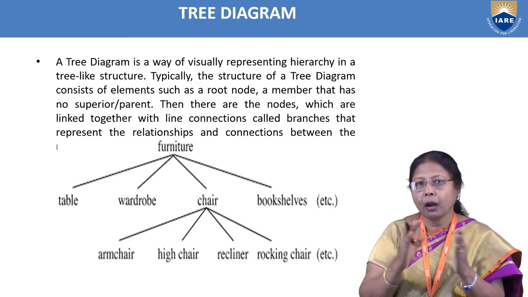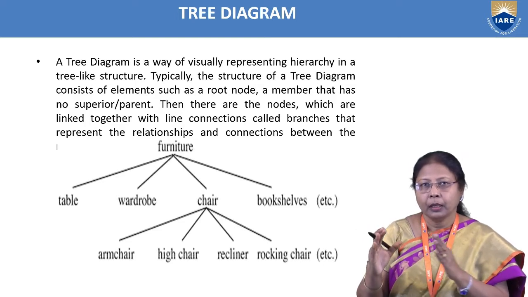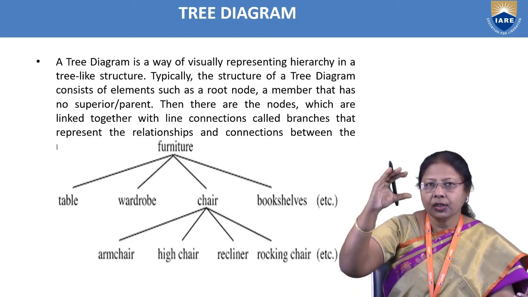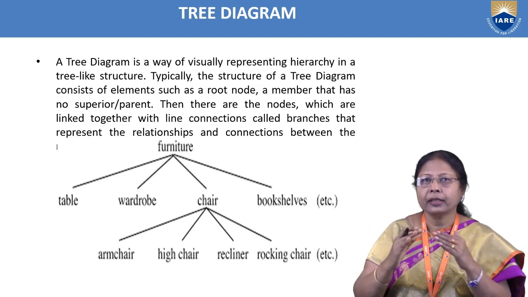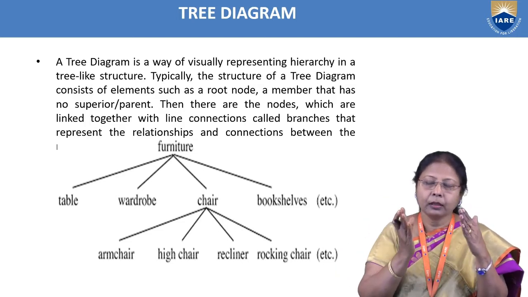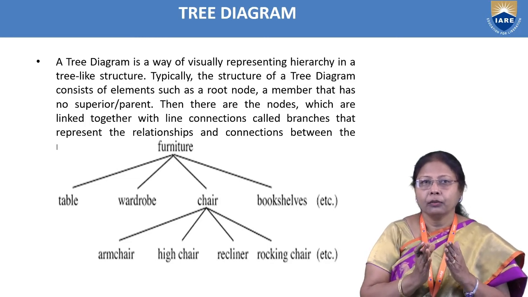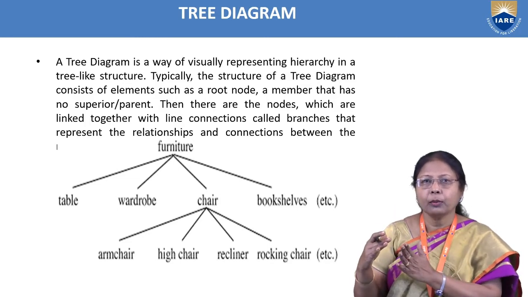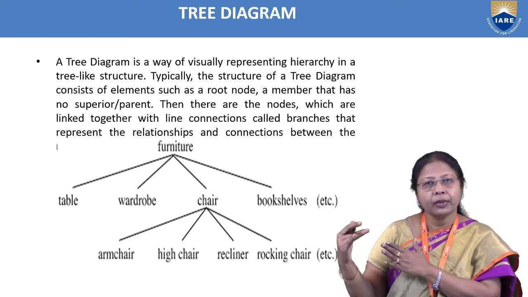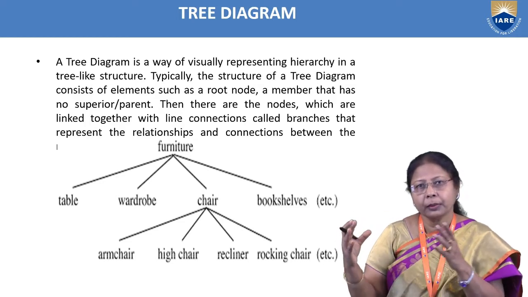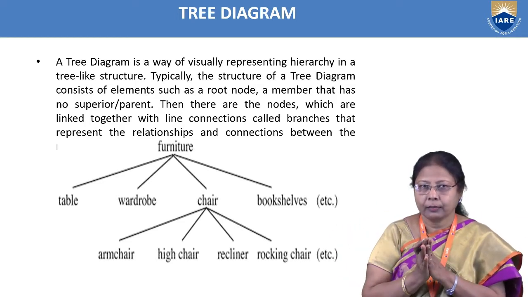How have we divided the furniture? The root, furniture, is divided into different categories: tables, wardrobes, chairs, and bookshelves. Furniture means all these things clubbed together.